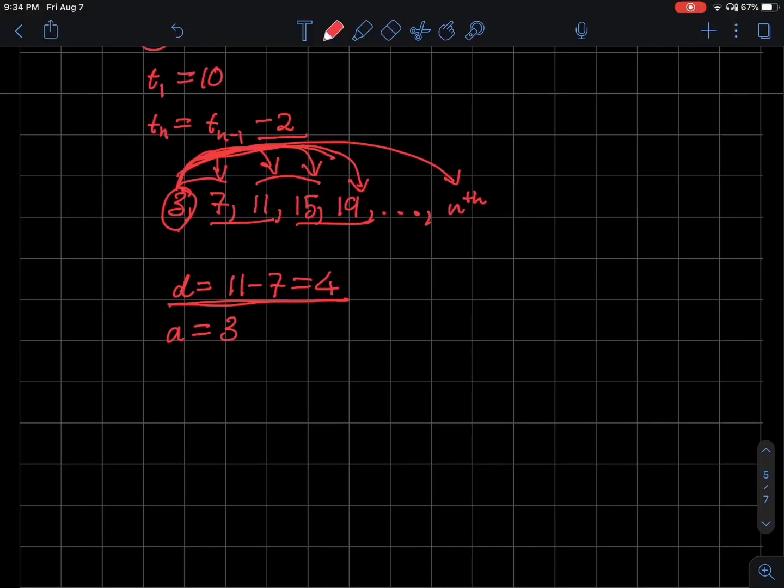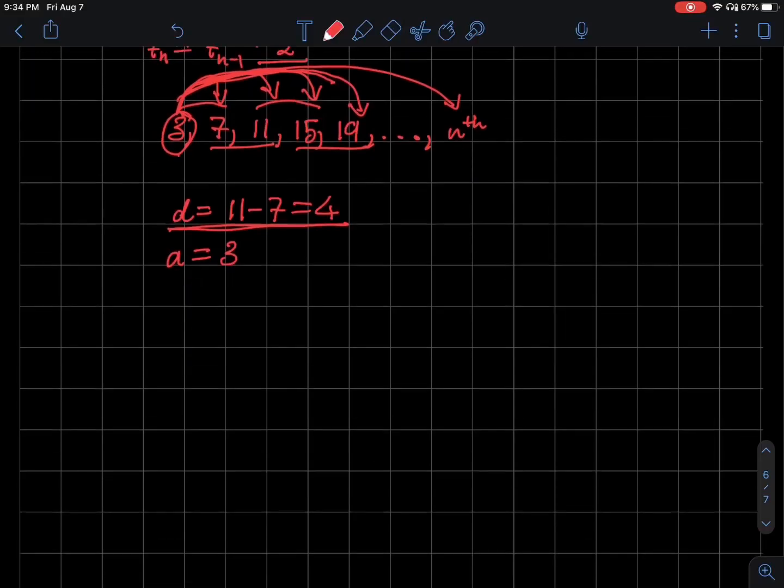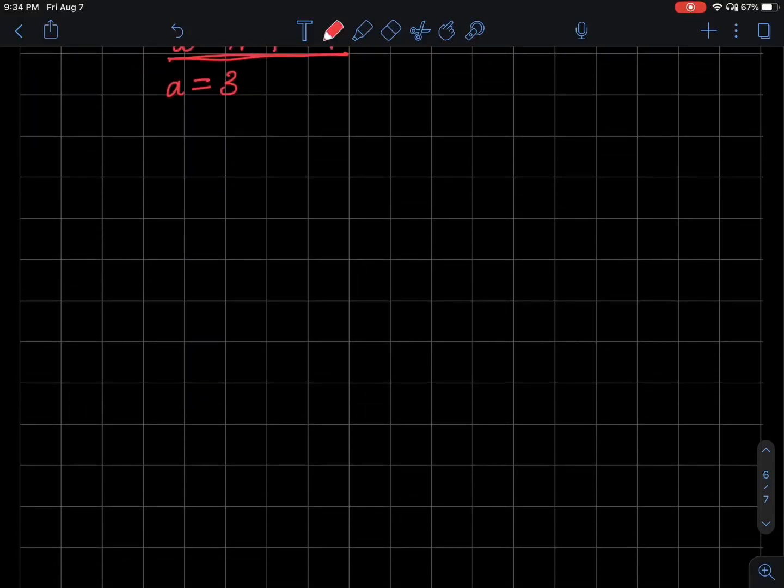So if I wanted to find, let's say, the 15th term of the sequence, how would I do that? Well, you start with the starting value, so 3. Let me write the 15th term is equal to 3. You start with 3, the starting value. Then since it's the 15th term, you have to take 14 steps from 3.